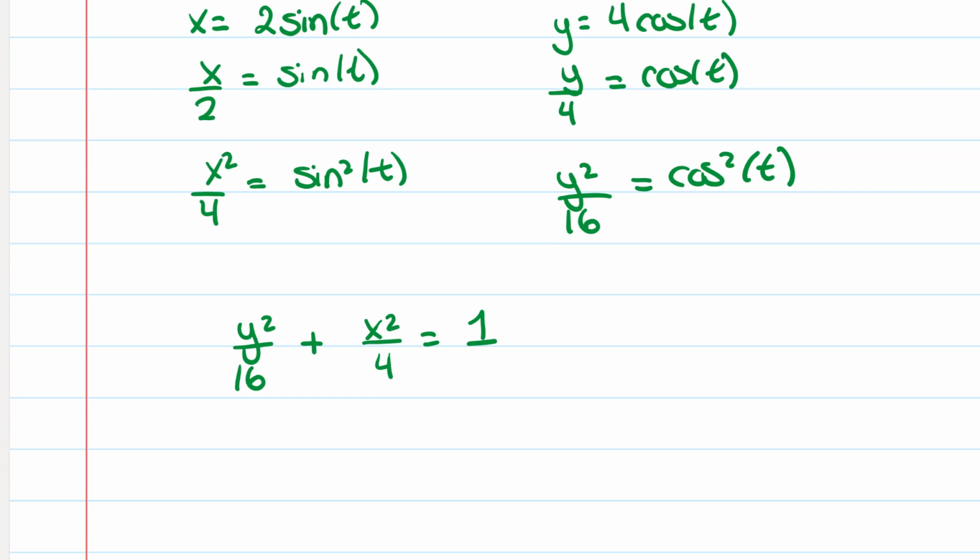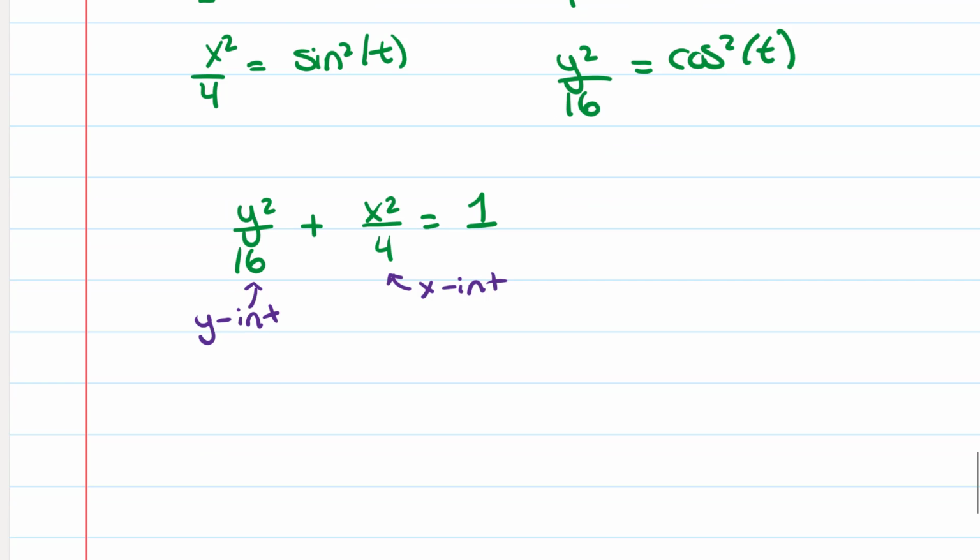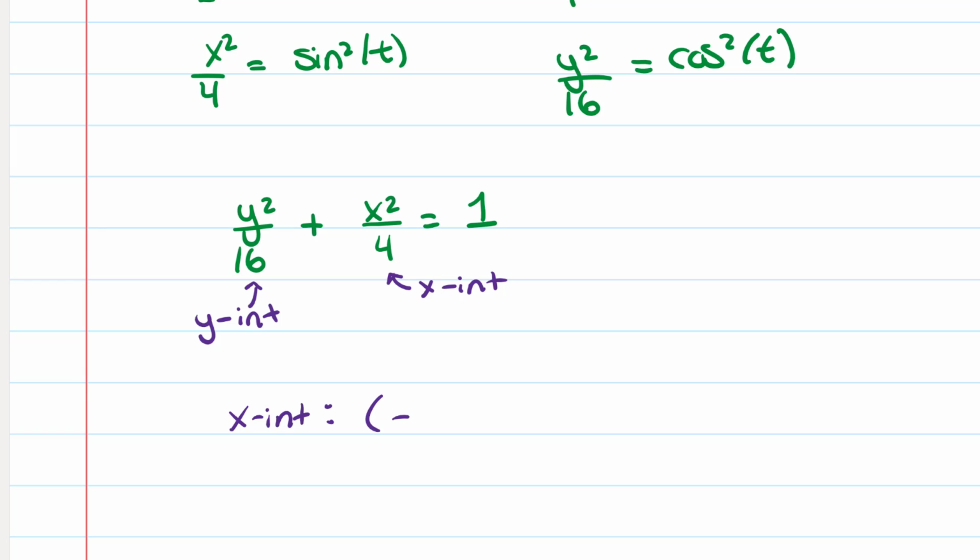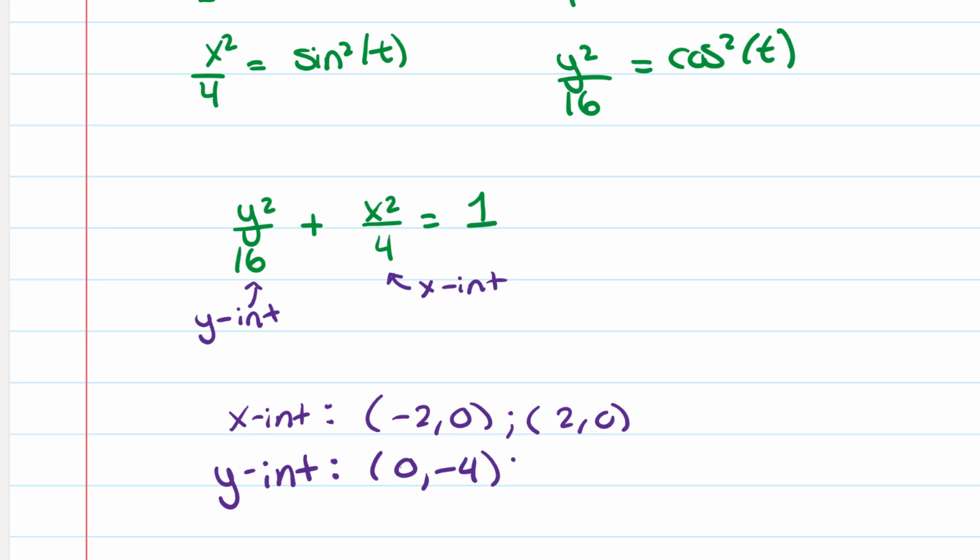And remember, the number underneath the x is going to be the x-intercepts. The number underneath the y is going to be the y-intercepts. So then my x-intercepts are going to be negative 2, 0 and 2, 0. And my y-intercepts are going to be 0, negative 4 and 0, 4.